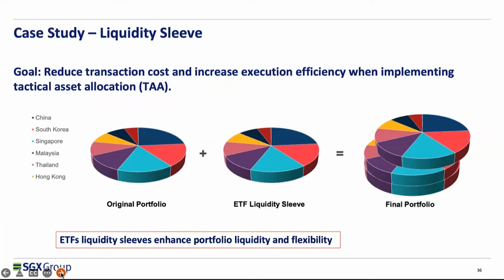And once you're confident you are able to switch into the relevant securities that you are comfortable holding, then you will have your final portfolio. A little bit like the previous example, and in this case, we're just simply talking about a very short-term basis, how you can make use of this to implement a liquidity sleeve.